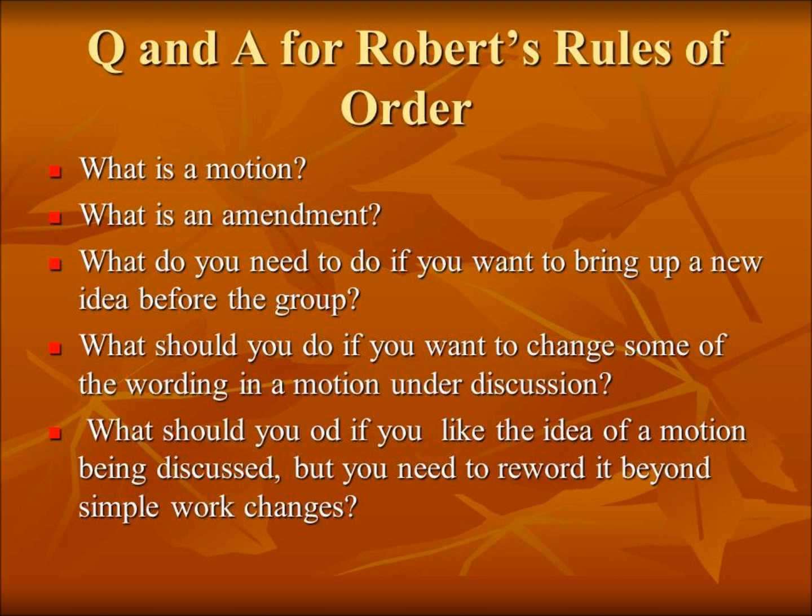One way is to move to insert or add a paragraph, strike out a paragraph, or to substitute, which could involve replacing one or more paragraphs in the immediate pending motion with one or more paragraphs given in an amendment.